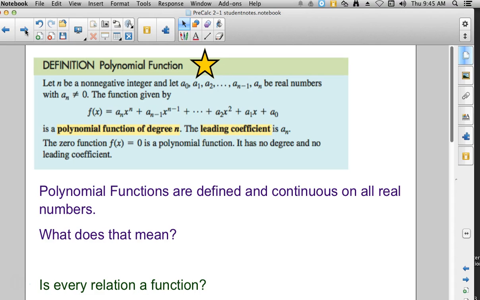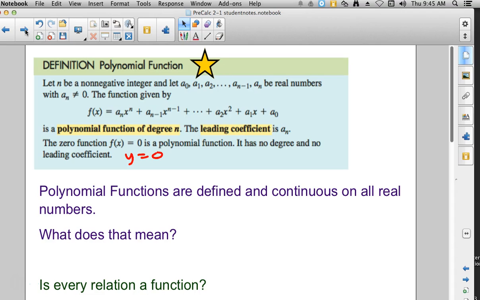The zero function, f of x equals 0, is a polynomial function. Why is that important? Because that's the line y equals 0. And they're saying horizontal lines are functions. And for a second we go, duh, it's going to pass the vertical line test. Of course it's going to be a function.